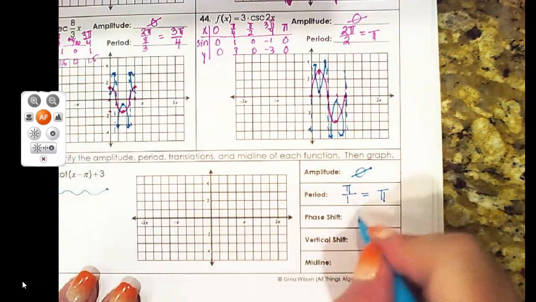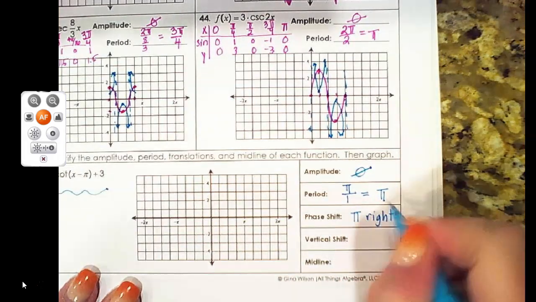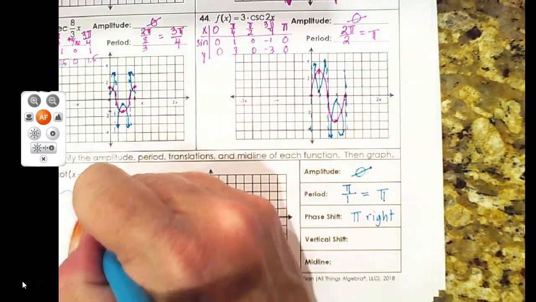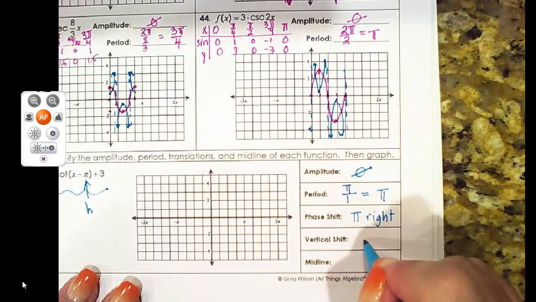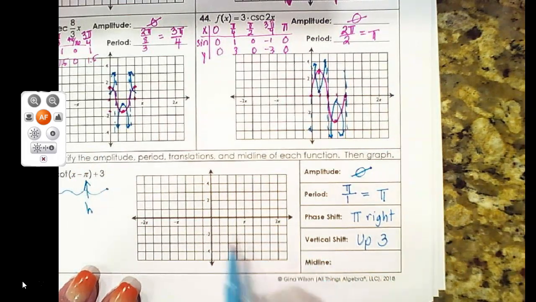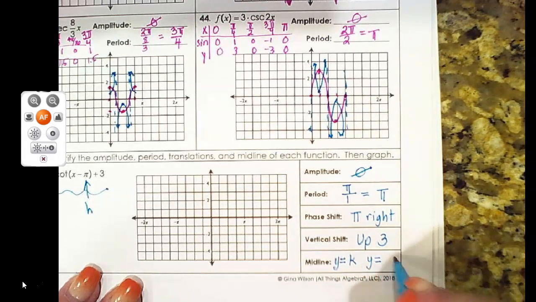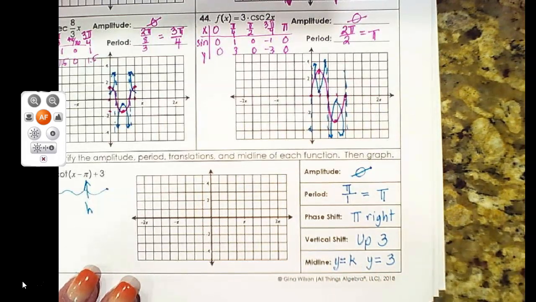My phase shift is pi to the right, because that's my h value. My vertical shift is up 3. And so my midline, normally it would be at 0. My midline, the equation for that is just y equals whatever k is. So I'm going to write that y equals 3.